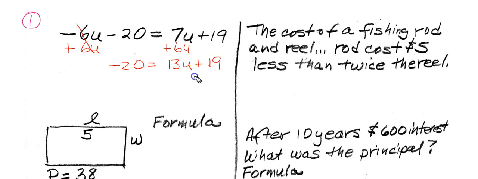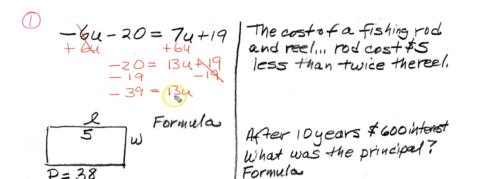So I'm going to subtract 19 from this side and subtract 19 from this side. So again, on this side, they cancel out, and I get a 13u here. Add this up, and I get a negative 39.